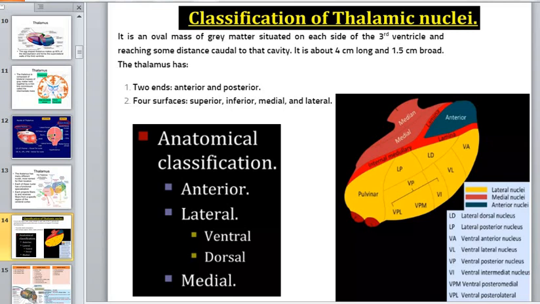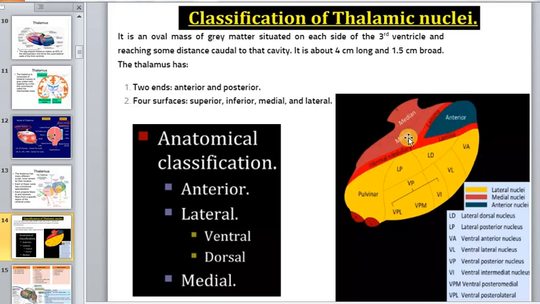It's an oval mass with two ends, anterior and posterior, and four surfaces, superior, inferior, medial, and lateral, and all these areas have special names.